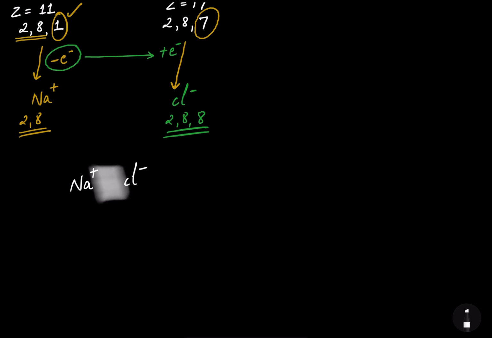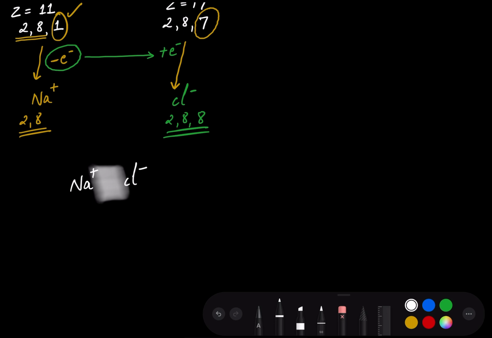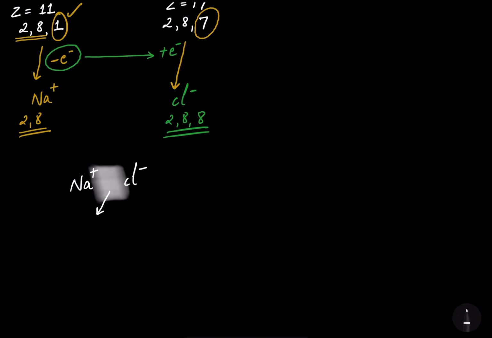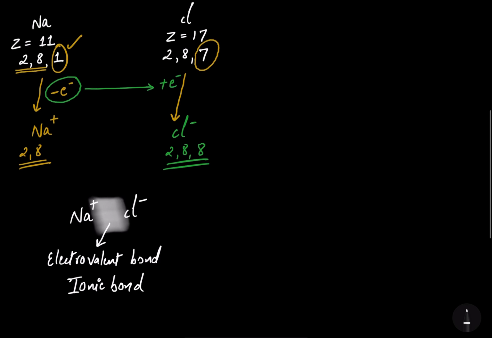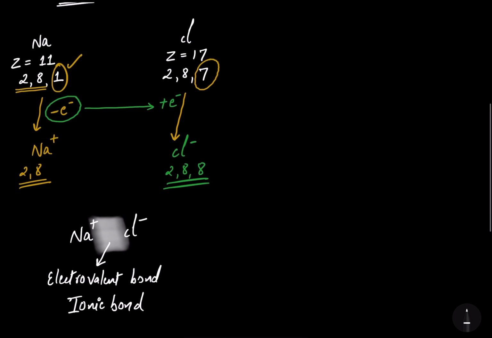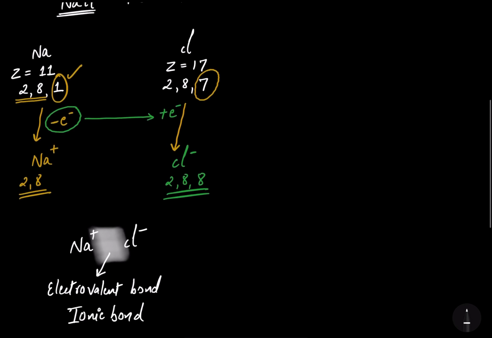This electrostatic force of attraction between the oppositely charged ions is termed a chemical bond, and this type of chemical bond is called an electrostatic bond, electrovalent bond, or we can say ionic bond. We are going to discuss ionic bond in great detail in the next lecture videos. So that's the very basic idea about the transference of electrons and the formation of ionic bond.